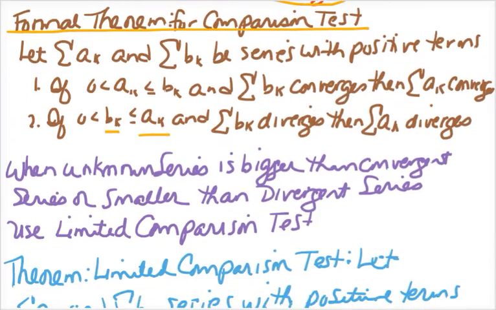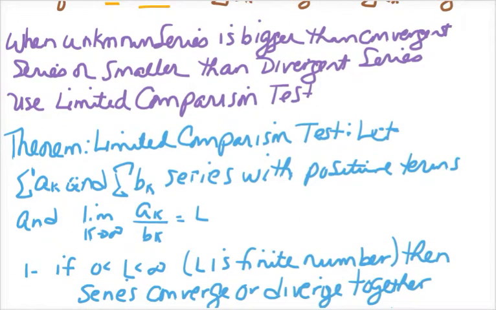But what happens when the unknown series is bigger than a convergent series or smaller than a divergent series? So you really can't use the straight up comparison test in that case, but we have something called the limit comparison test. And that test is going to be used when you have this scenario: an unknown series bigger than a convergent series or smaller than a known divergent series.